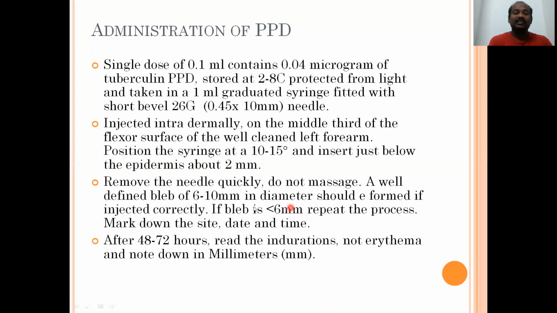After the injection is over, mark down the site, date and time of the injection. After 48 to 72 hours, read the induration, not the erythema, and note it down in millimeters. Induration means the swelling after 48 to 72 hours caused by sensitivity reactions.